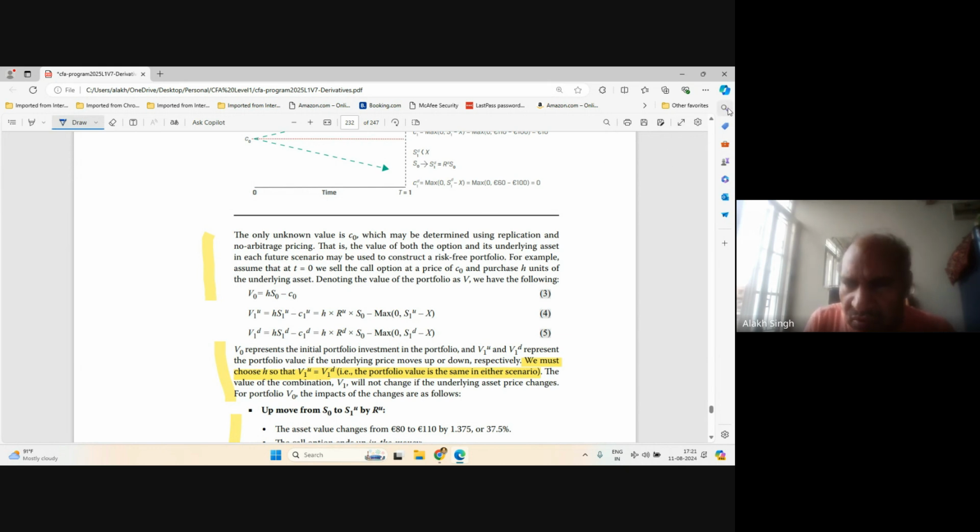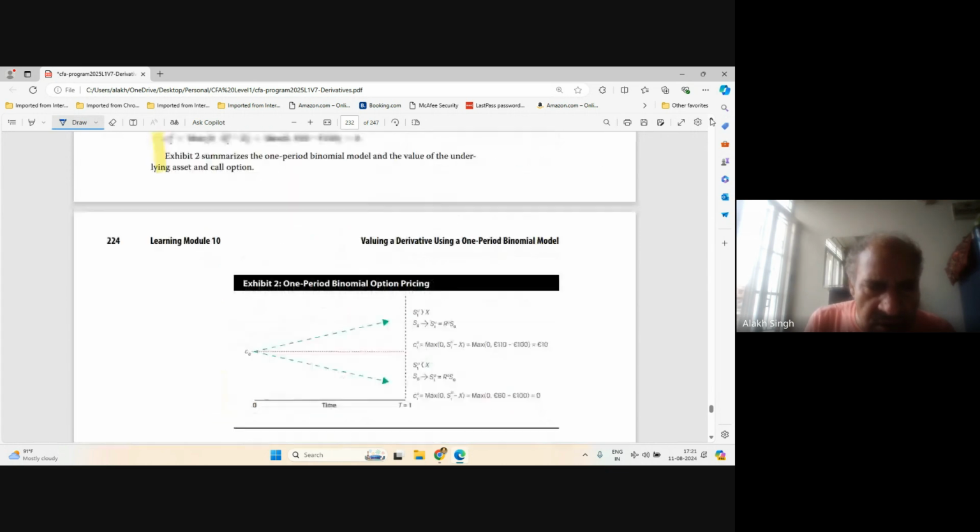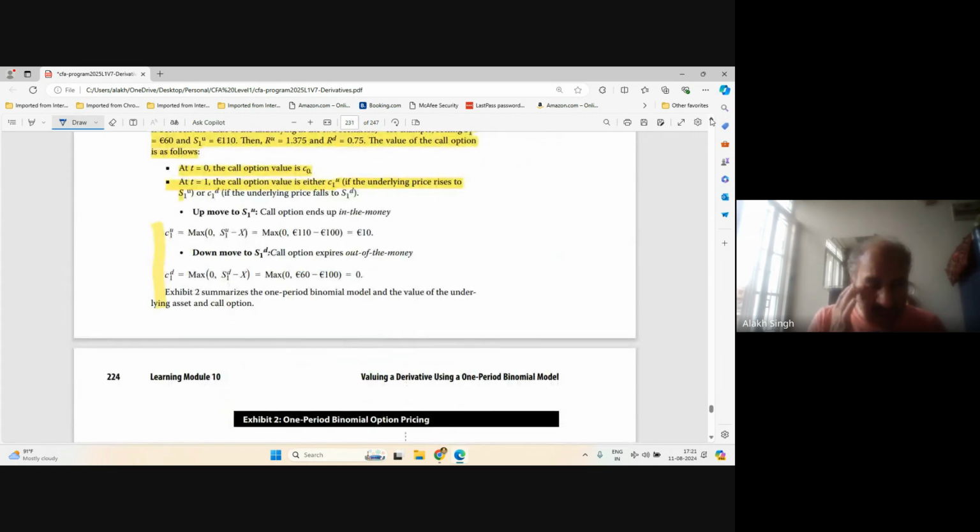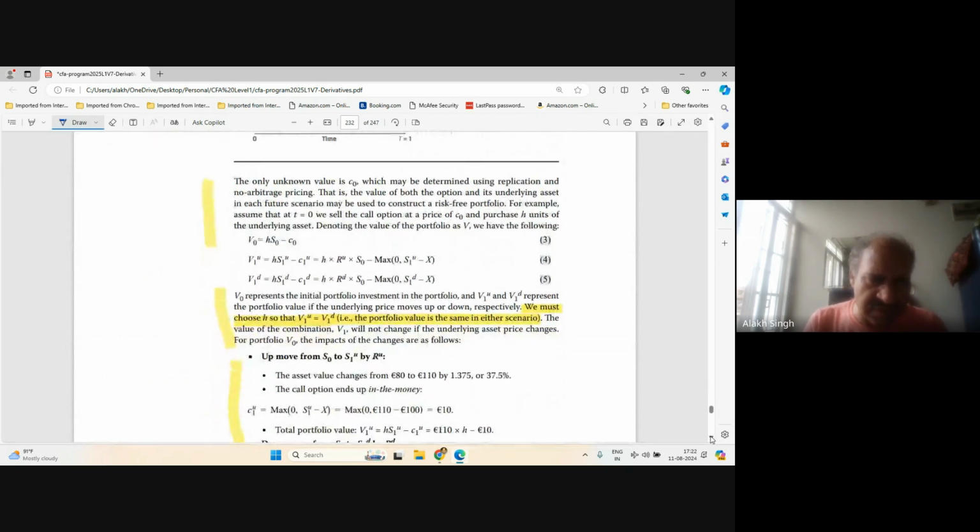We have to calculate C0 right now. What is known? S0 is known. The exercise price X is also known. The risk-free rate is also known. So let's see what we do.